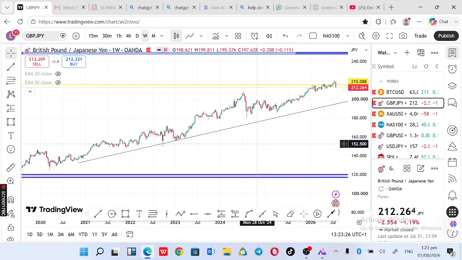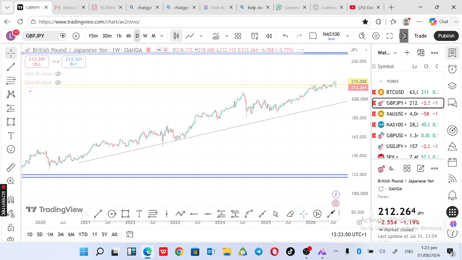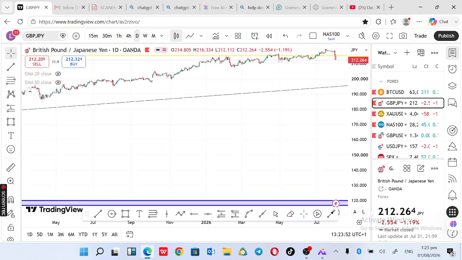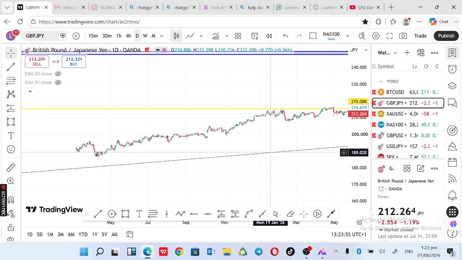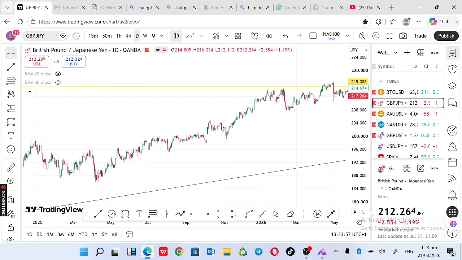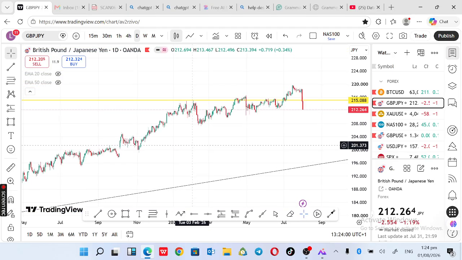And we're going to move to daily to see what daily is giving us before we can bring in our stochastic oscillator and moving average, right? So now let's move to daily because we already confirmed that it's bullish.